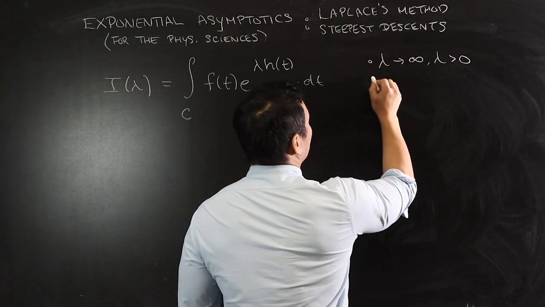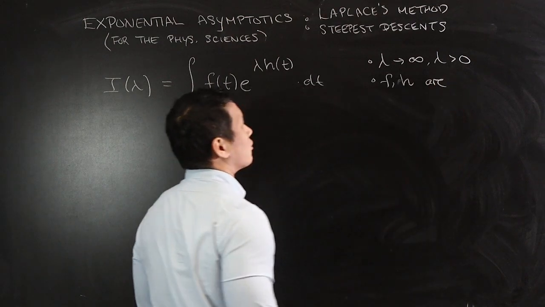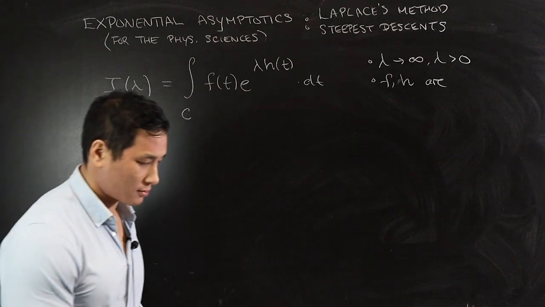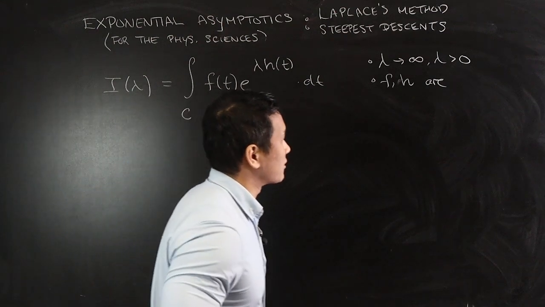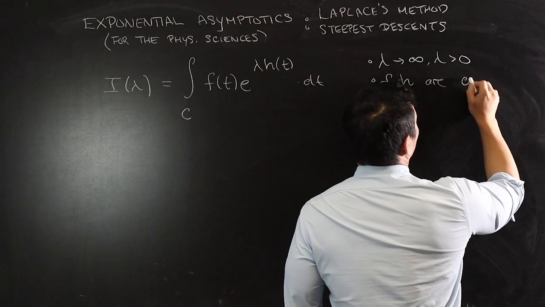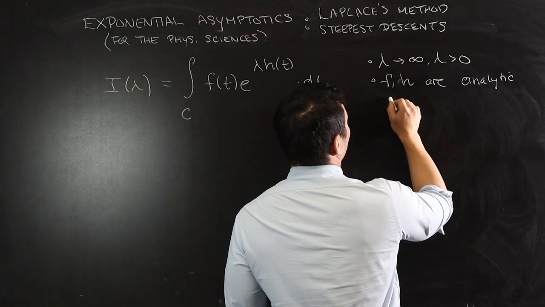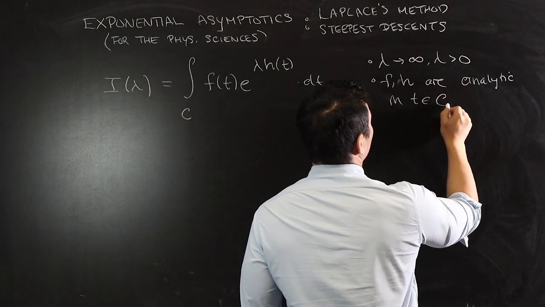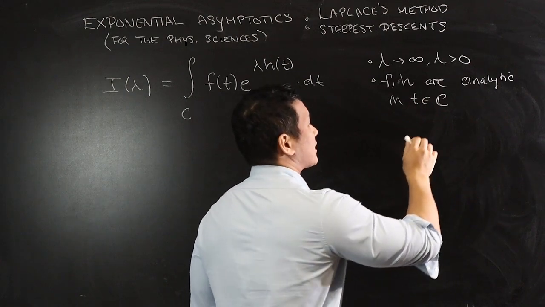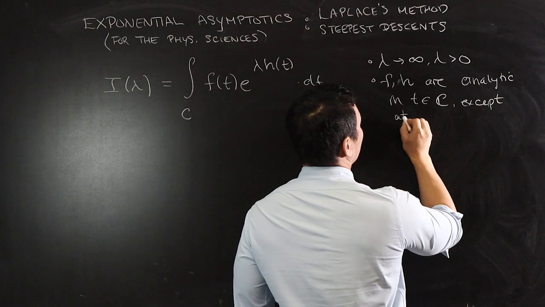F and h here are going to be complex functions, or real valued functions as well, which are also complex functions. So they're going to be analytic in the complex plane, so t in C, except at critical points, isolated points.